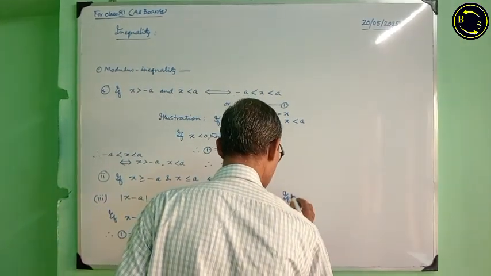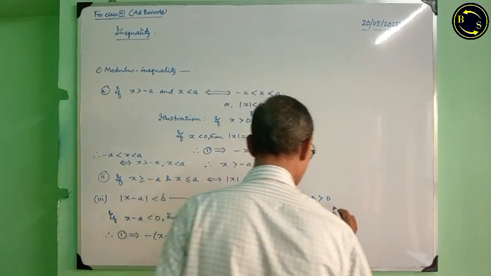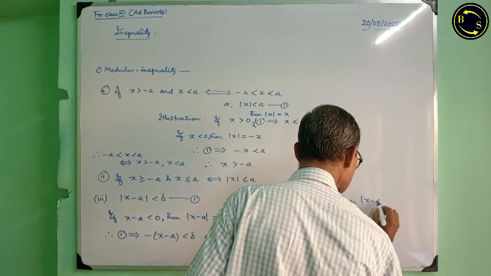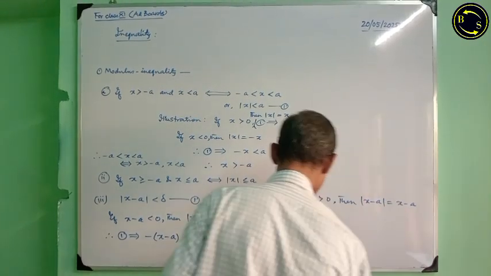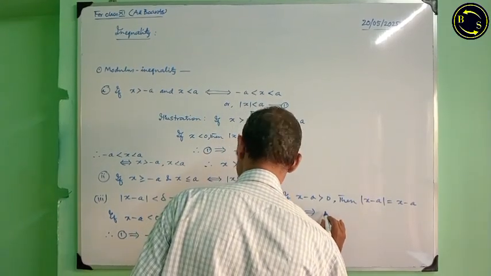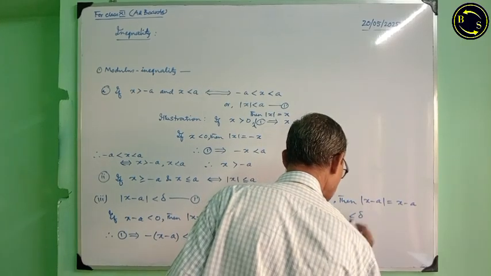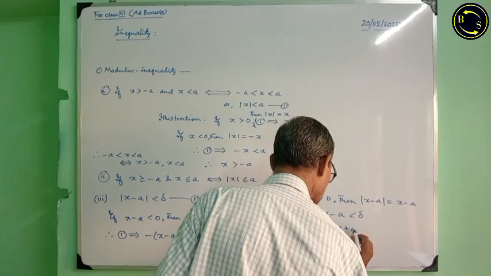If x minus a positive, then modulus of x minus a is equal to x minus a. Therefore, 1 implies x minus a less than delta. Therefore, x less than a plus delta.